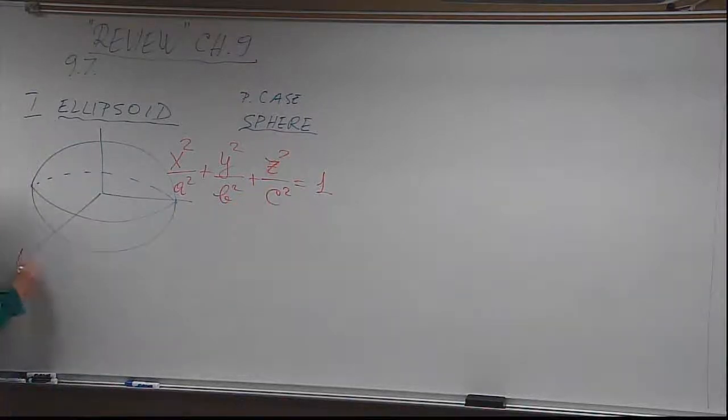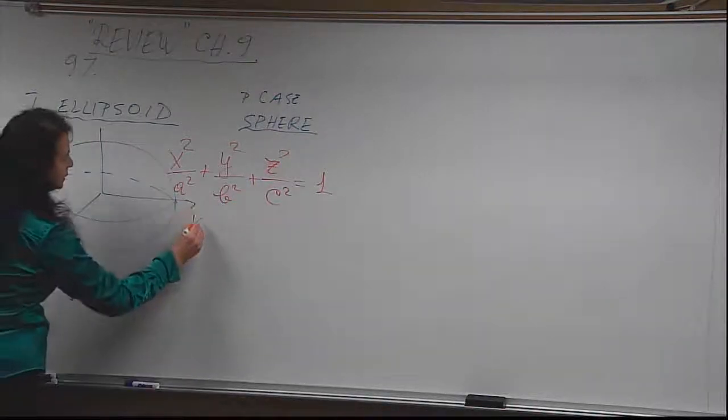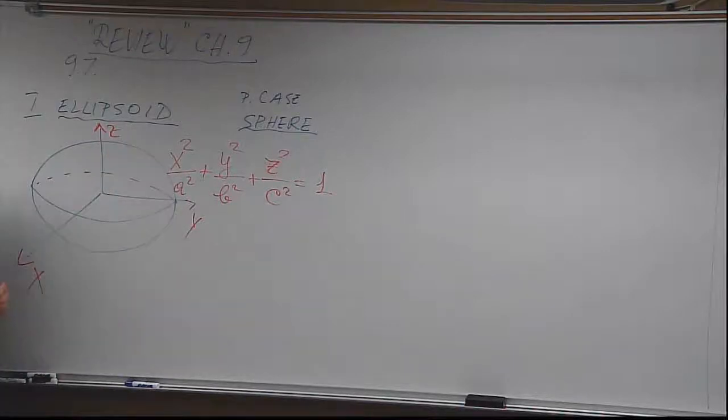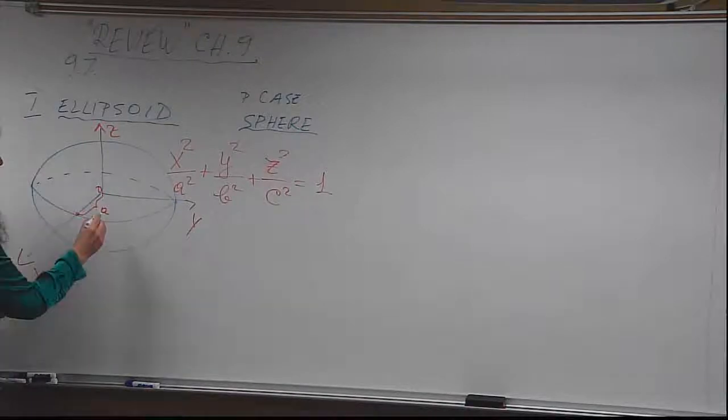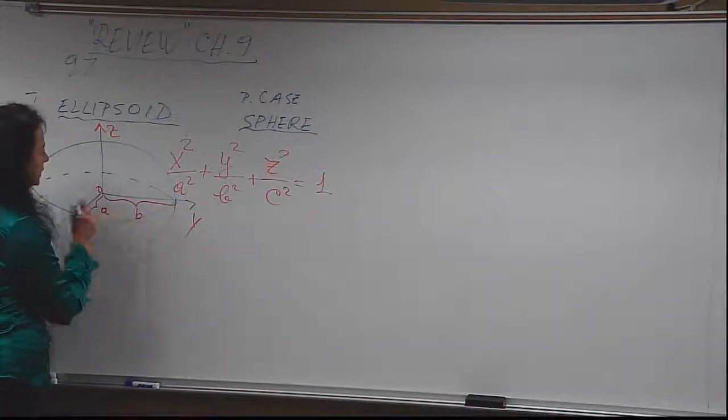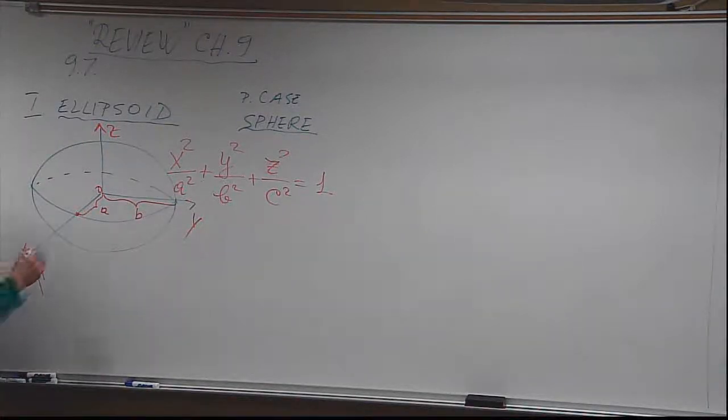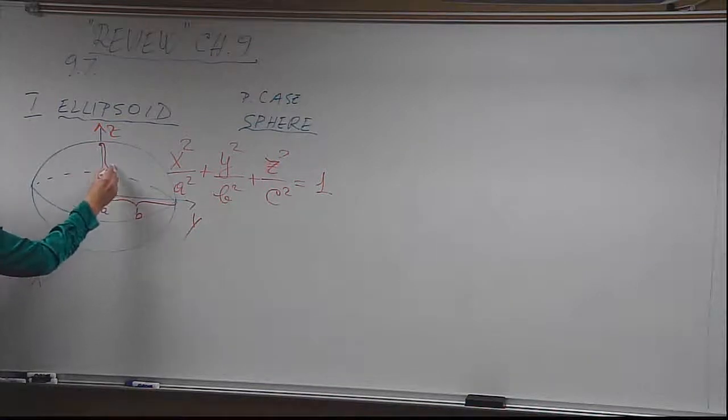And I'm going to draw X here, Y here, Z here for the axes. So the A, what is the A? It's the distance from the origin to this point. So I'm going to call that little A, I'm going to call that little B, and the little C will be this guy from here to here.